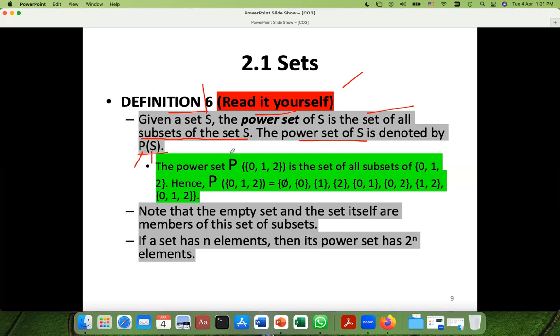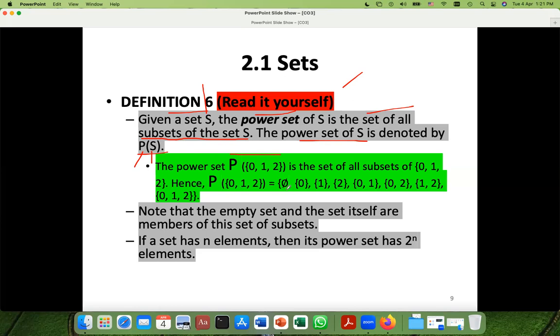And for example, here P, we are going to see the power set of this set, and the set elements are 0, 1, 2, and P of S is the notation that we have here. It is easy.